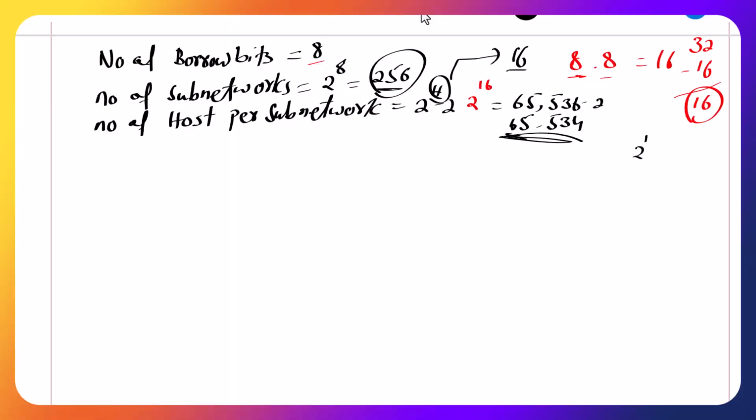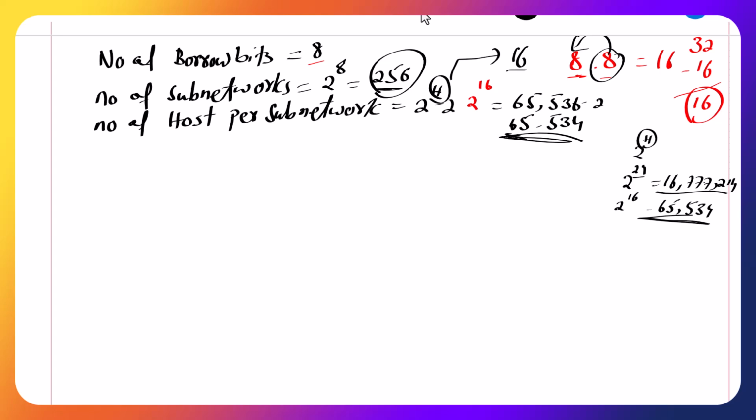Whenever there are more host bits, the number of hosts will be more. Like before it was 2 power 24, which gave 16,777,214, and now it is 2 power 16, which gives 65,534, minus 2. So the huge difference comes because we gave 8 bits from the host part to the network part, and that's why the number of host bits decreased.